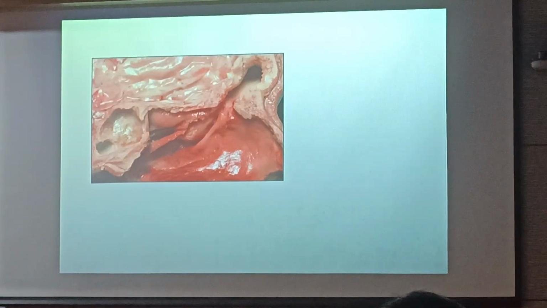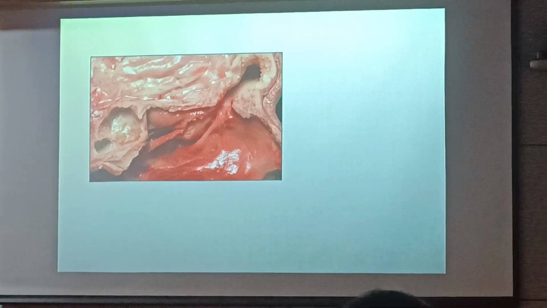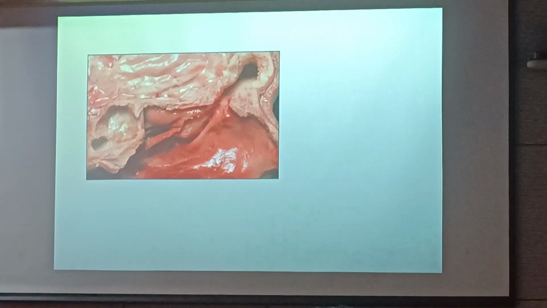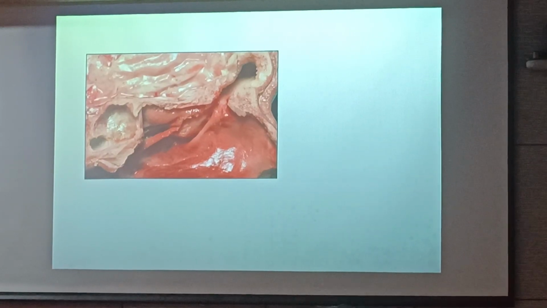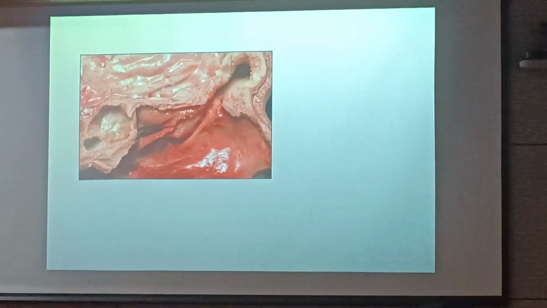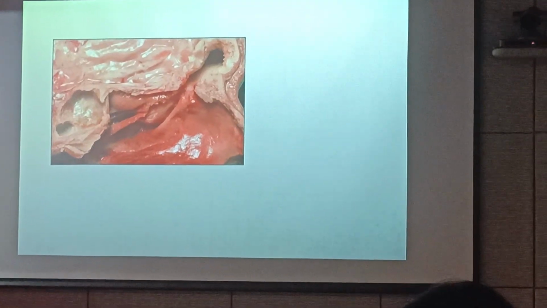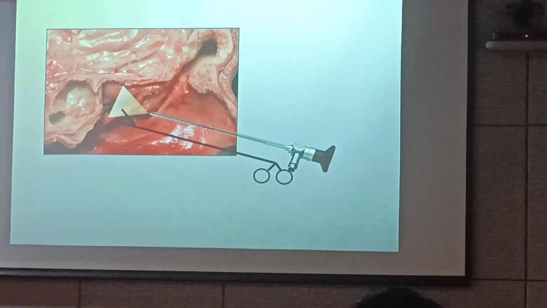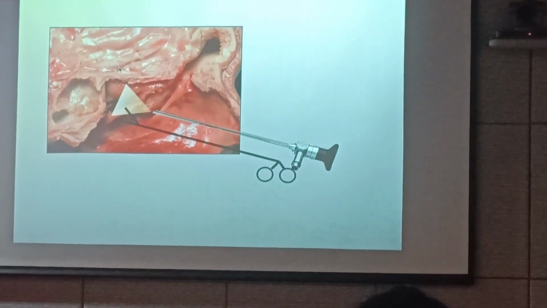Now why is hand-eye coordination an issue? When you're putting an instrument into the nose, your hand is moving in the x-axis. Your instrument opening is also in the x-axis, and your scope is also visualizing in the x-axis. Something like this. That's the scope and that's the instrument.